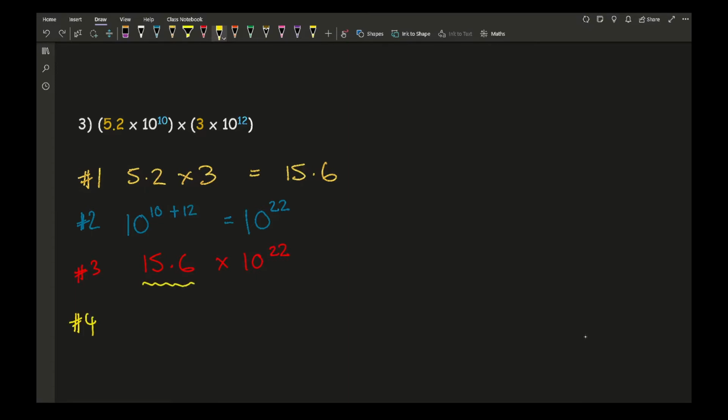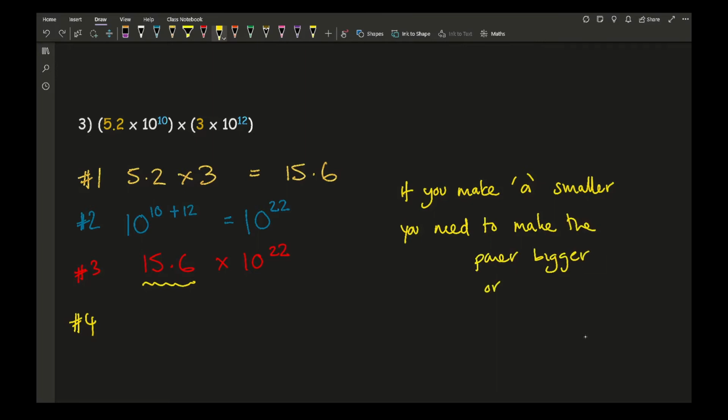Now this is not a number between 1 and 10. So what I need to do is make this number smaller. Now the general rule is if you make A smaller, you need to make the power bigger.